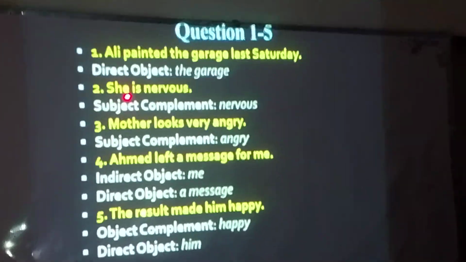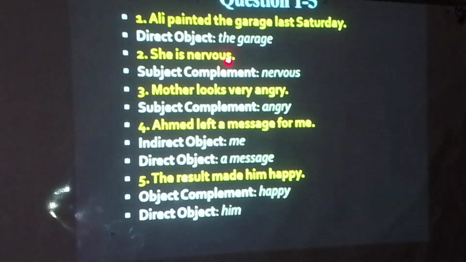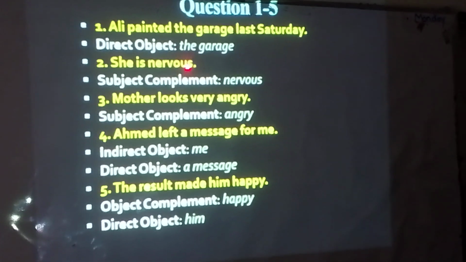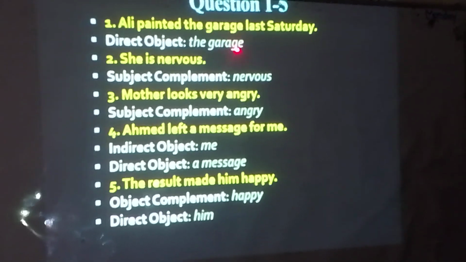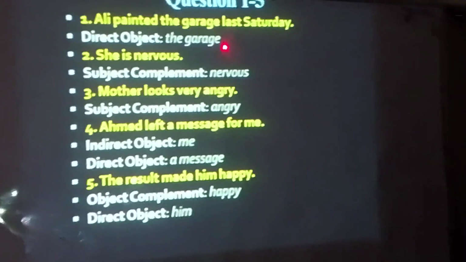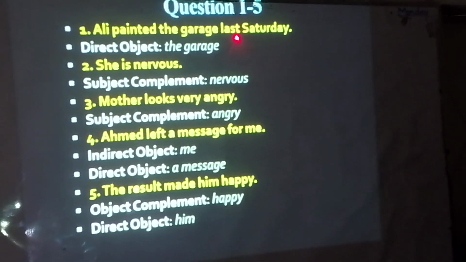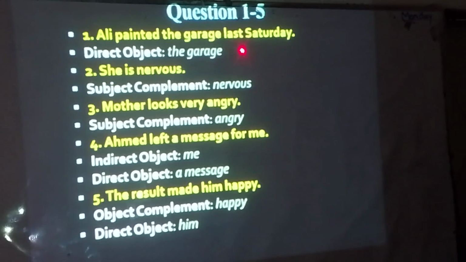Clear? So when the action of verb directly affects something, that is called direct object. When it affects indirectly somebody or something, it is indirect object. I have defined. What is direct object? Who will tell me?